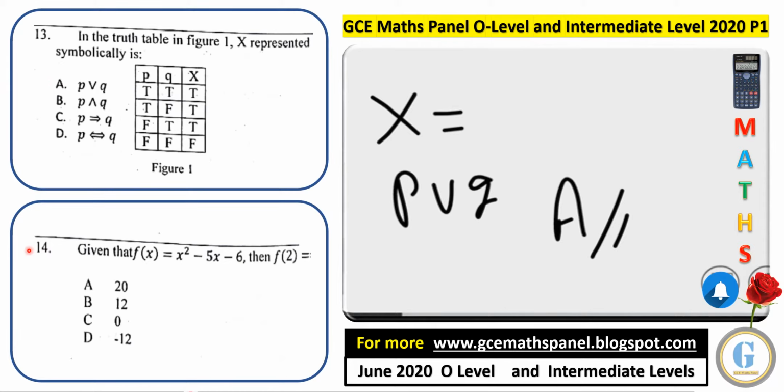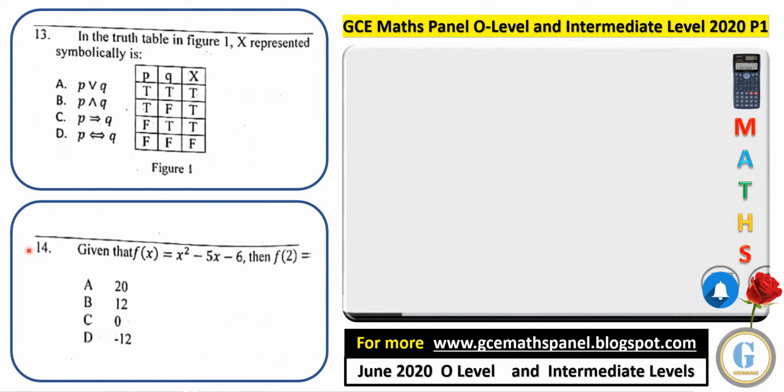Question number 14, you are given that function f of x equals x squared minus 5x minus 6. So to find f of 2, we just have to substitute.